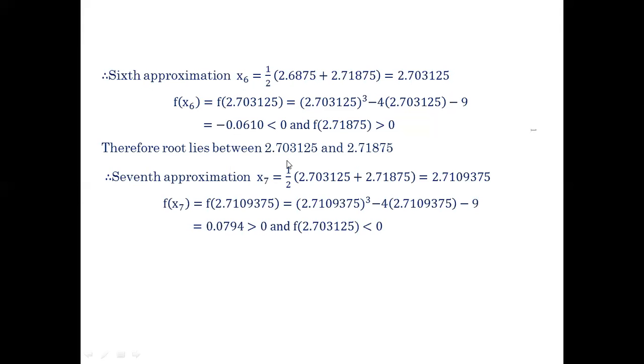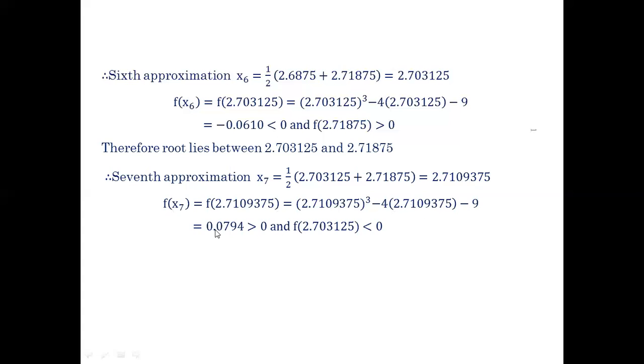Next, find the seventh approximation. x7 equals 1 by 2 into (2.70325 plus 2.71875), which is equal to 2.7109375. Then you find f of x7. Substitute 2.7109375 in x cube minus 4x minus 9. So 2.7109375 whole cube minus 4 into 2.7109375 minus 9.